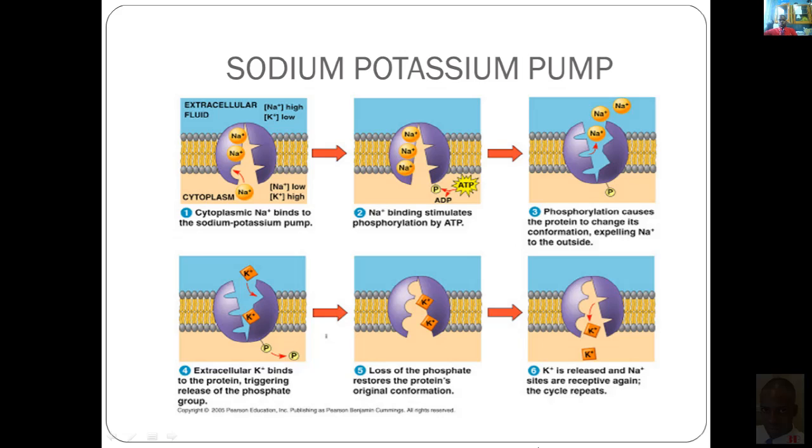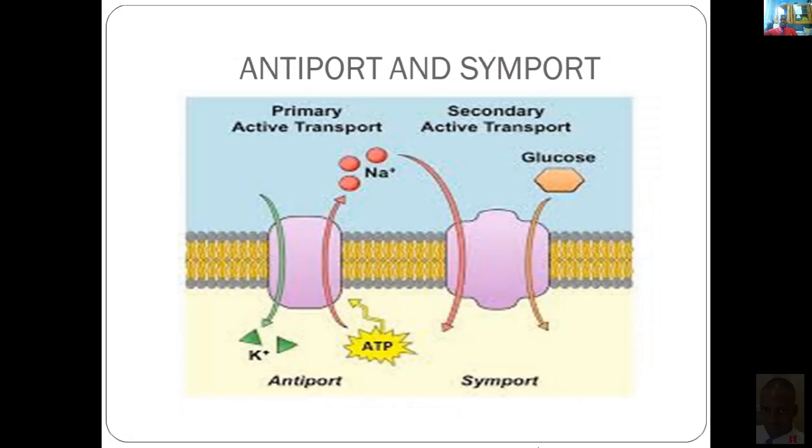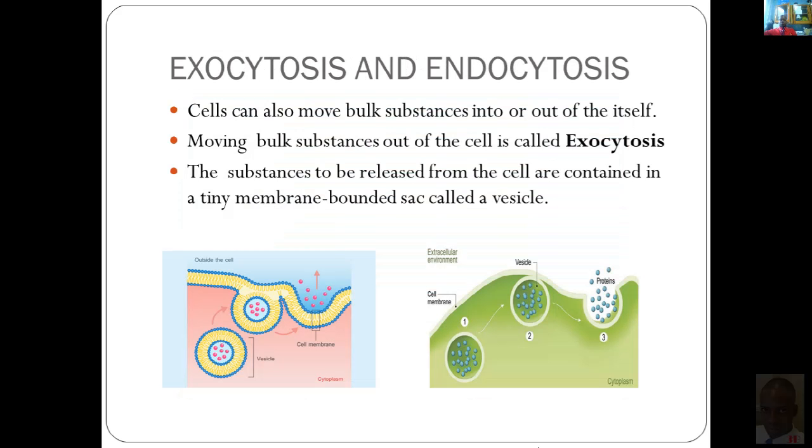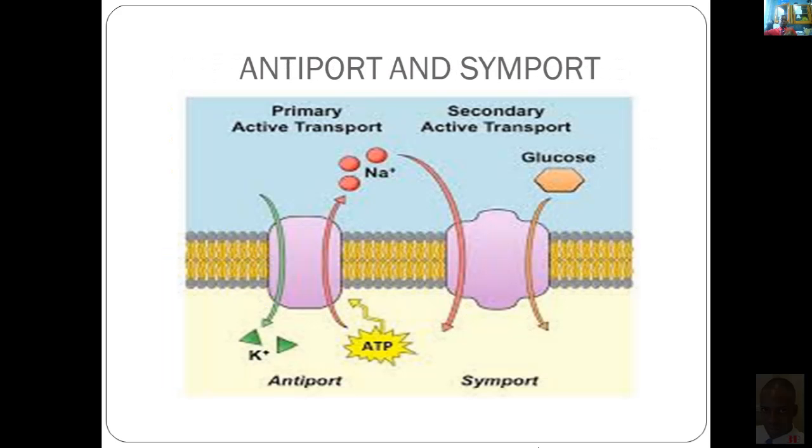So in this sodium potassium pump, we have 3 sodium molecules being expelled and 2 potassium molecules being taken inside of the cell. It requires energy to do that. So this would be our example of active transport. There are other examples you could research and add as well.